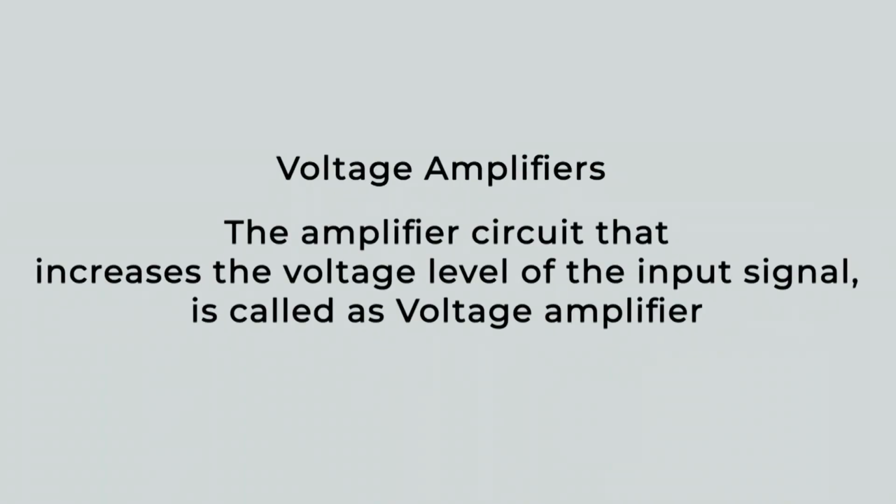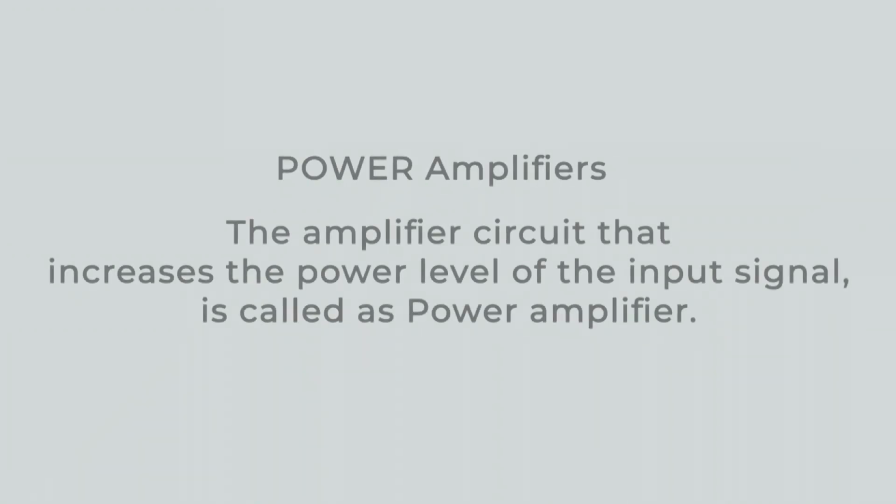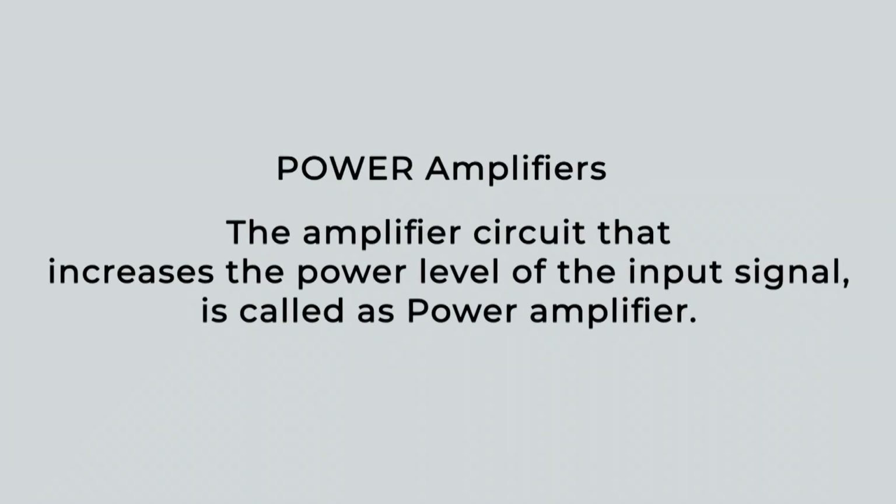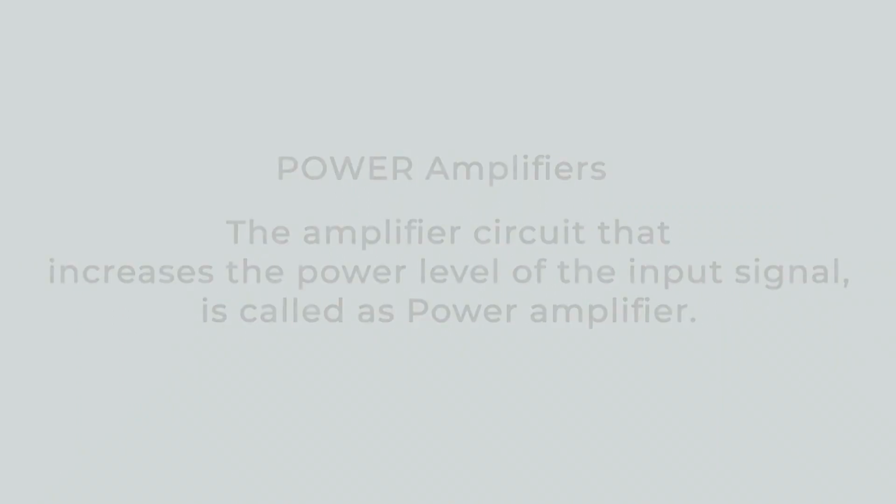The amplifier circuit that increases the voltage level of the input signal is called a voltage amplifier. Second one is a power amplifier. The amplifier circuit that increases the power level of the input signal is called a power amplifier.